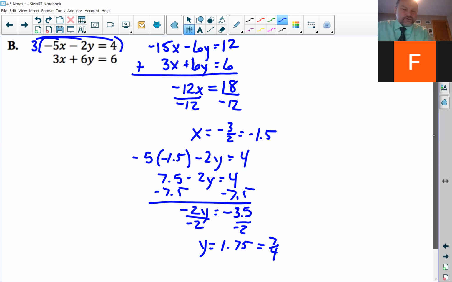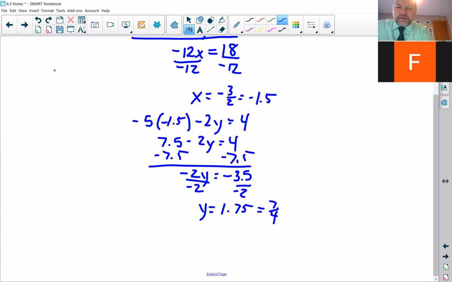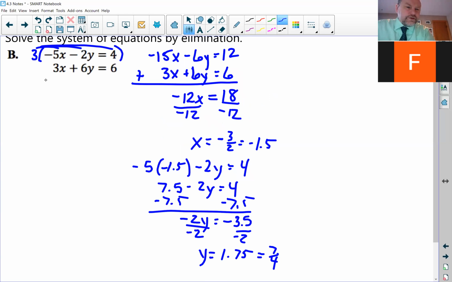So my solution looks like it's going to be negative 1.5 and positive 1.75. Again, if you want it as a fraction, negative 3/2 and positive 7/4.